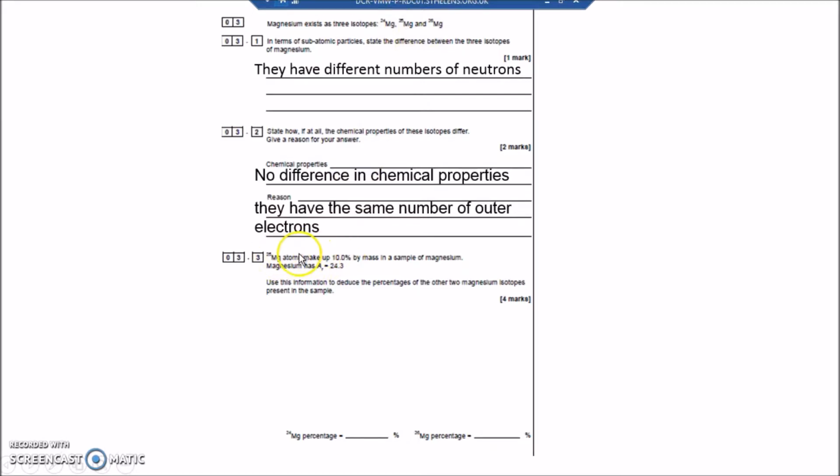We know that 10% is 25 Mg, and therefore the remaining 90% must be a combination of 24 and 26 Mg. And the average is 24.3. Use this information to deduce the percentages of the other 2 magnesium isotopes, so 24 and 26.